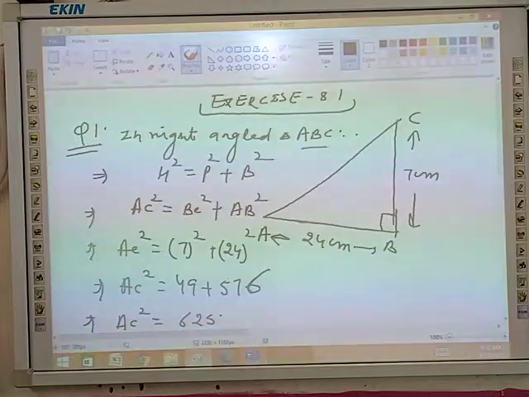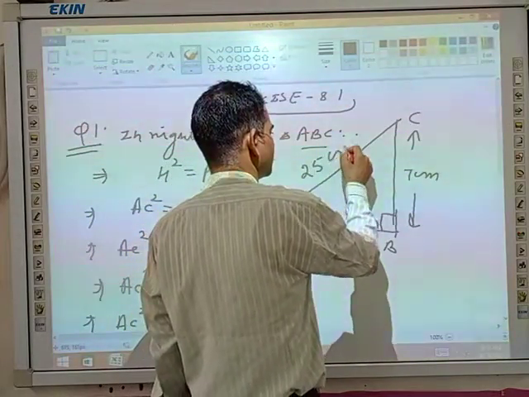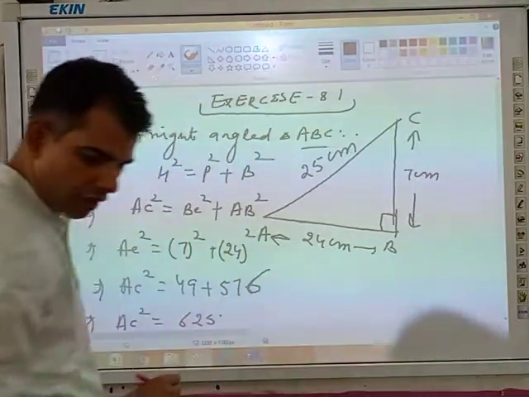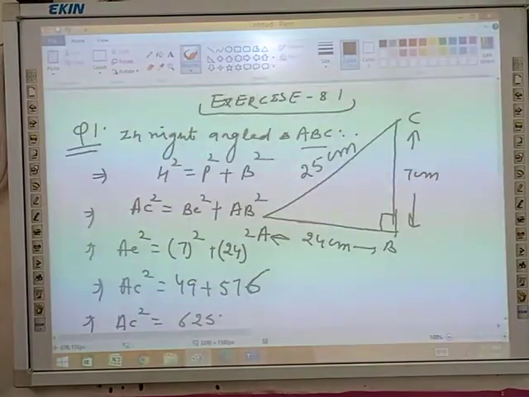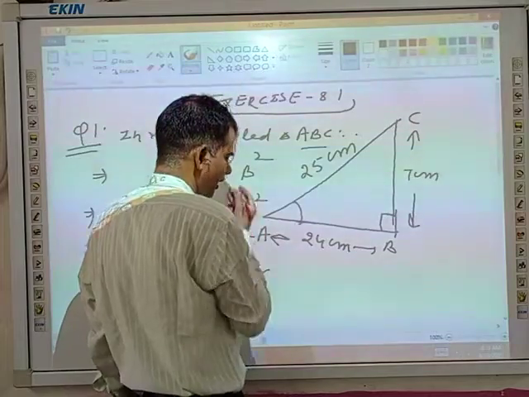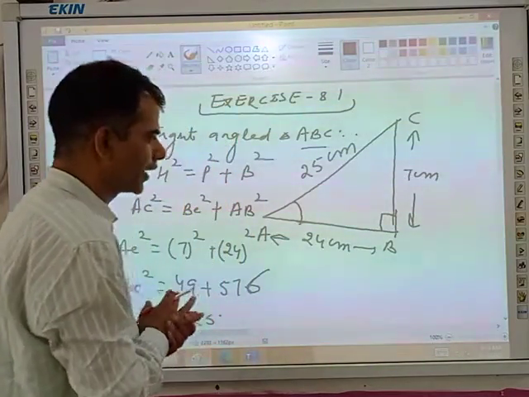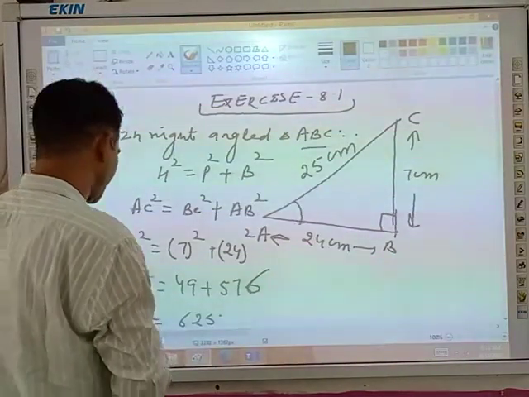Any doubt, any problem up to here? Okay. Now we have to find out the sin A, cos A. In first part, if angle is A, your base will be AB, perpendicular will be BC, and hypotenuse will be AC.